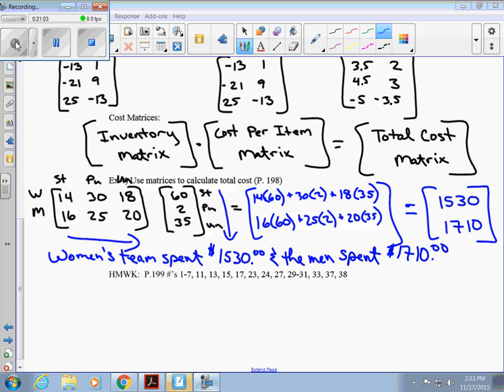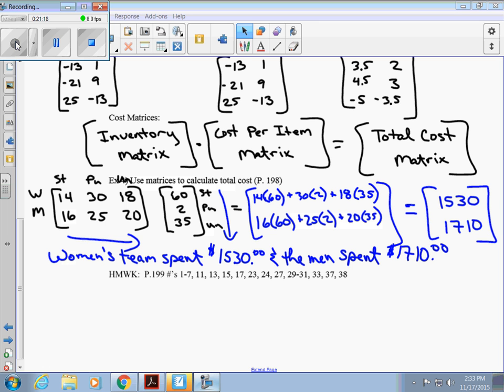So that is how we used cost matrices to find out total expenses.